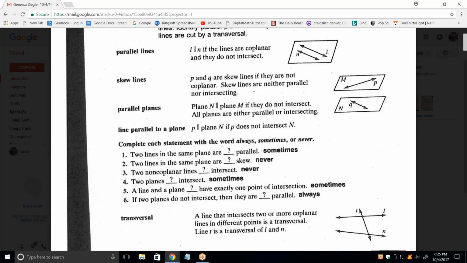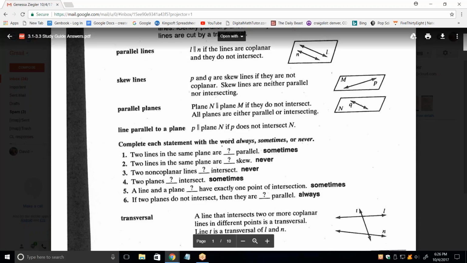Because if you have everything in one plane, then 2 lines are either parallel or they intersect. They have to. In other words, if we look at this top picture where they're talking about parallel lines, if those lines weren't parallel, they would eventually intersect, correct?